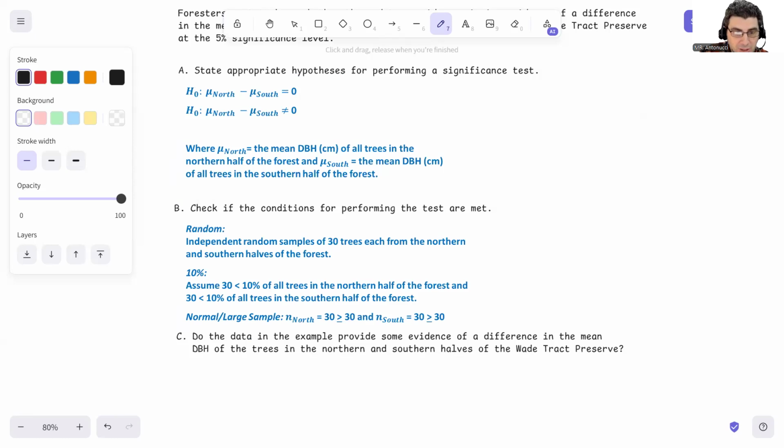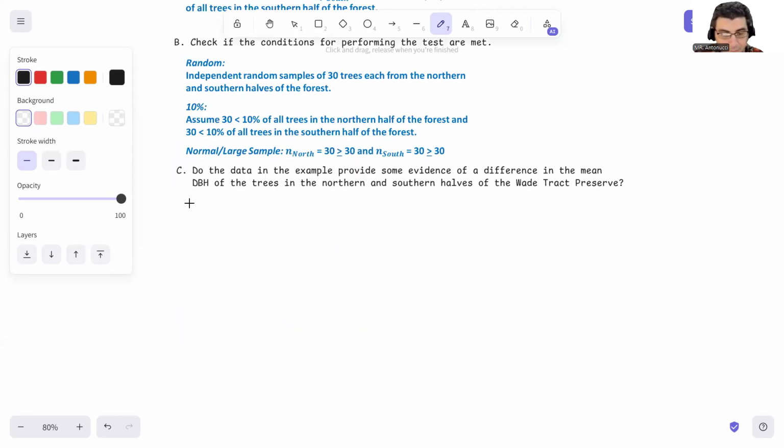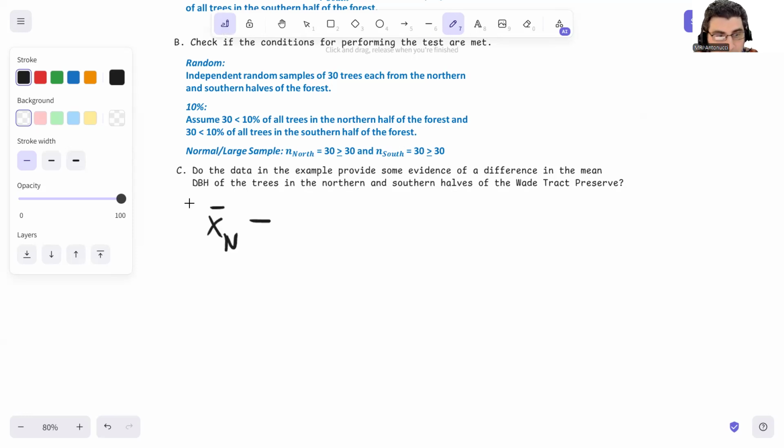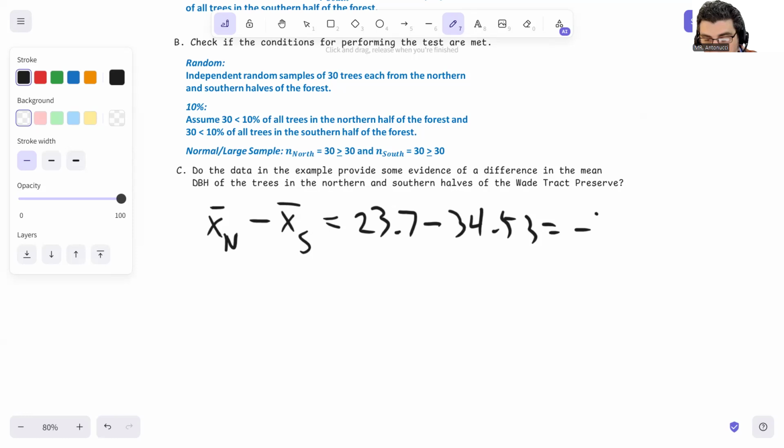So if we take the sample mean for the north minus the sample mean for the south, that's going to be 23.7 minus 34.53, which is negative 10.83.